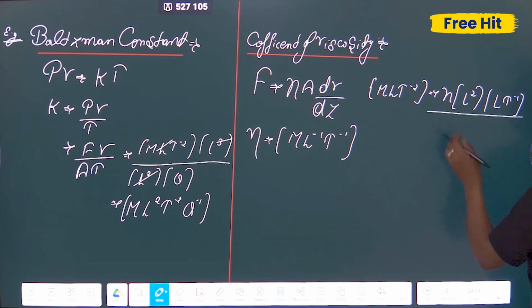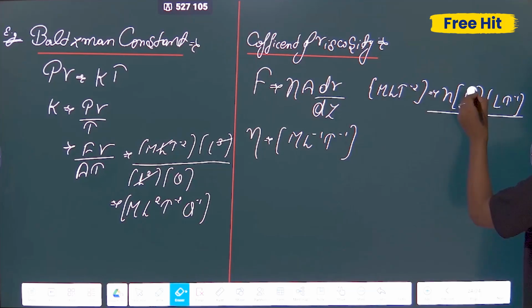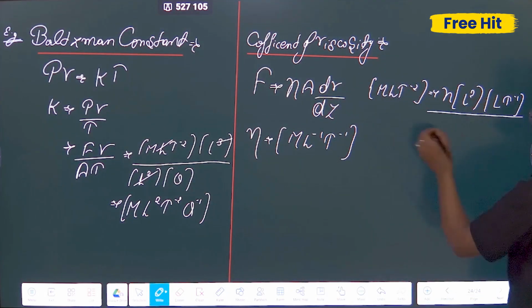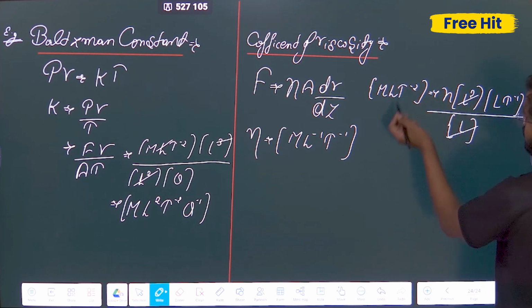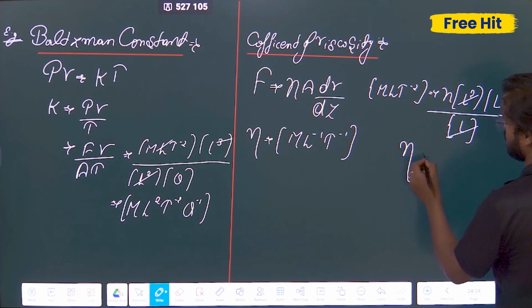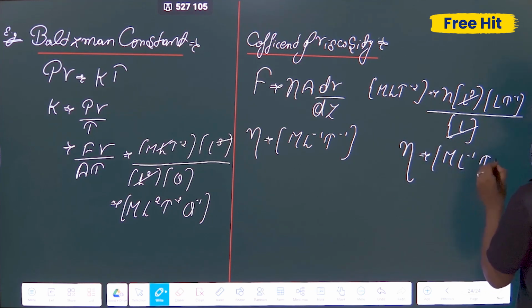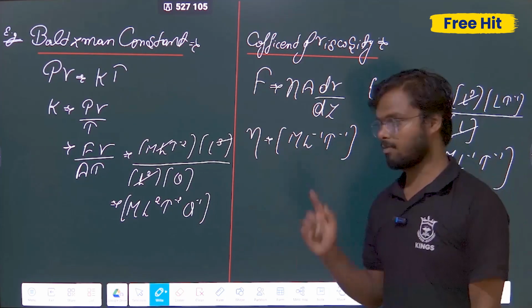L squared. And dV is velocity, L T^-1. And dz means the height, so it will again be length. So if you solve, L squared goes here, and T goes here. Finally you will get eta equal to M L^-1 T^-1. Clear? Any doubt? These are some of the examples.